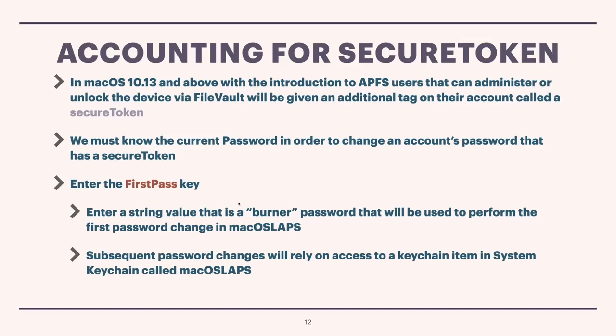Once that's completed, the password that it is changed to is saved in the system keychain, and subsequent password changes are actually performed by loading that keychain item so that the password doesn't actually leave the device unless going to Active Directory or MDM.